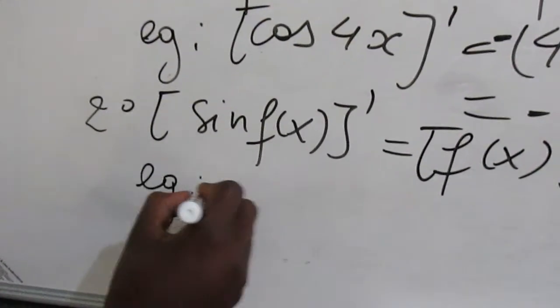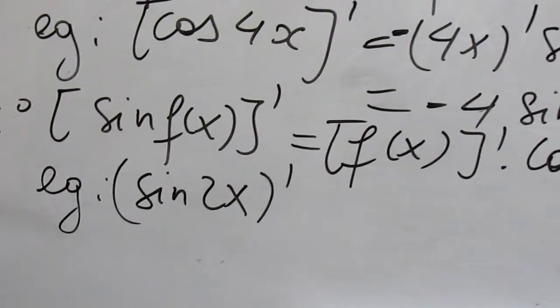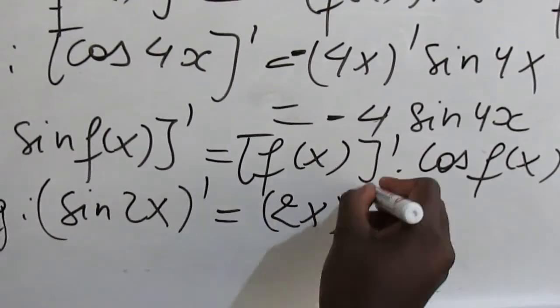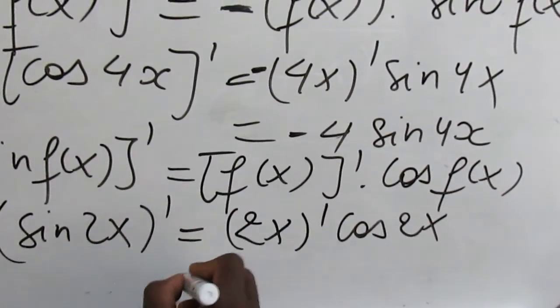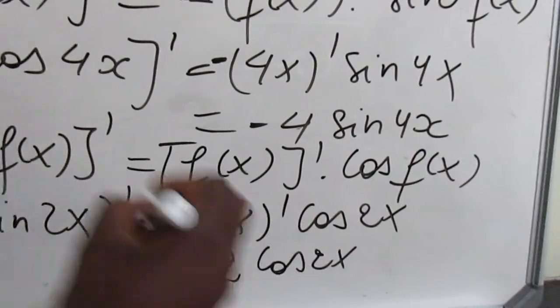Example, sine of 2x, they ask you to derive this. It's going to give you 2x derived, you change to cos of 2x, and finally you have 2 cos of 2x.